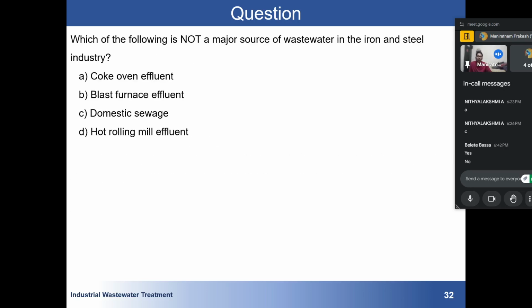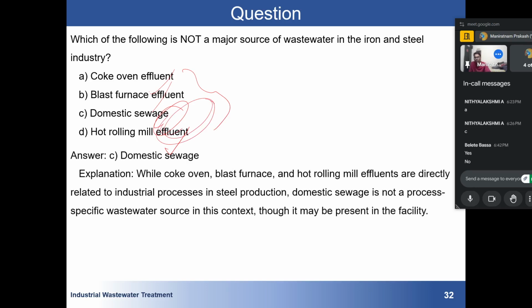Which of the following is not a major source of wastewater in iron and steel industry? This is a very simple question. Domestic sewage is not a part of it. We have seen that there are a total of six processes, and all these processes require water, but there is nothing related to domestic sewage.